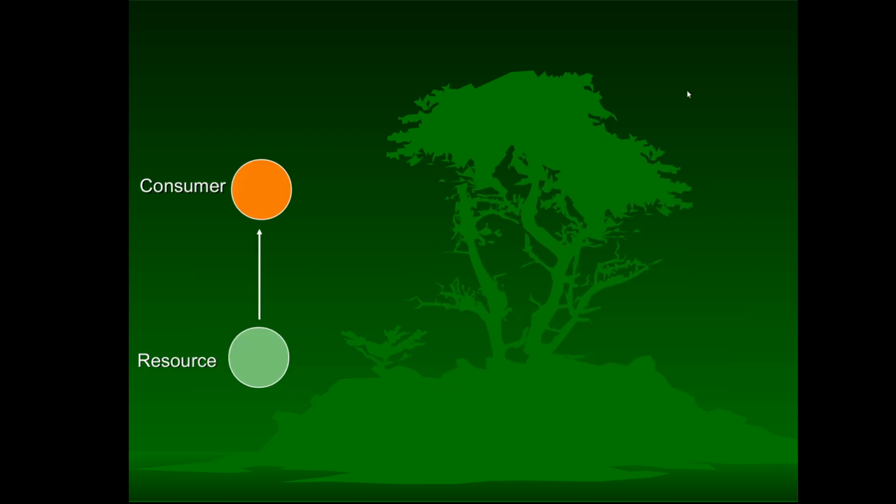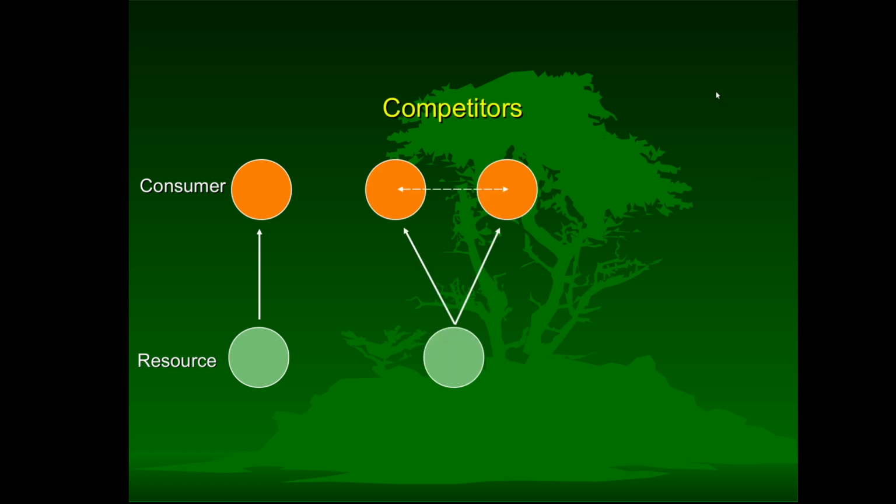All right, so consumer-resource interactions are ubiquitous. They're everywhere. All animals have to eat, but consider how consumer-resource interactions result in competitive interactions. So if two consumers are dependent on the same resource, then they may be in competition. An increase in the density of one of the consumers may cause a reduction in the resource, which then reduces the fitness of individuals in the other consumer population.